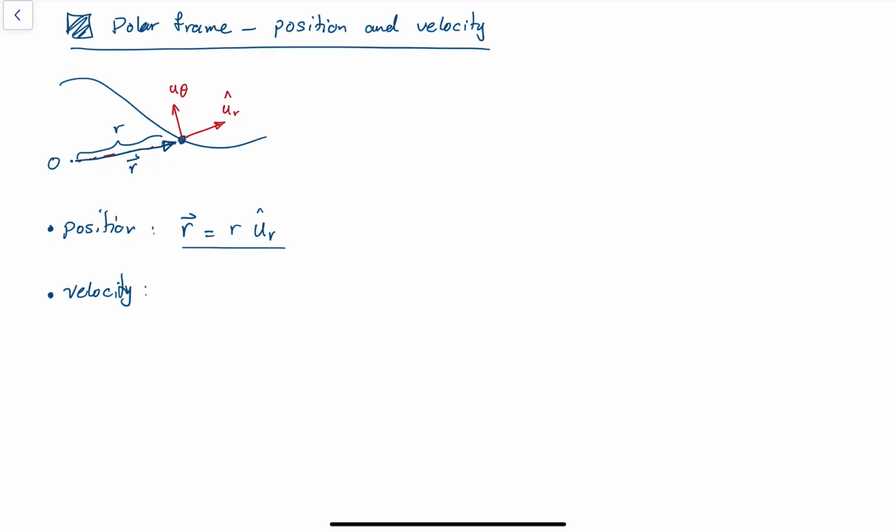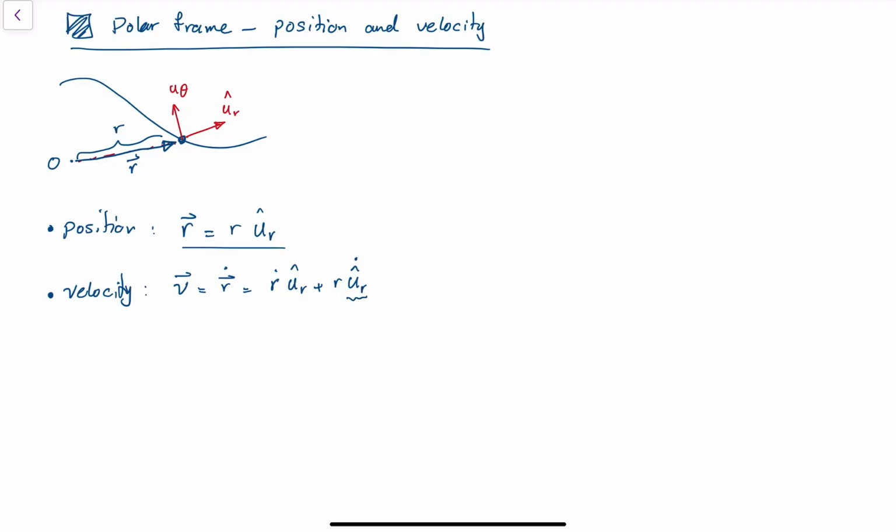Fairly simple. For velocity, similar to what we had done before, we can say v equals the time derivative of position. You can take the derivative of the top equation. It's r dot ur plus r ur dot, and follow the same logic we had in the normal tangential frame to figure out what this term is.